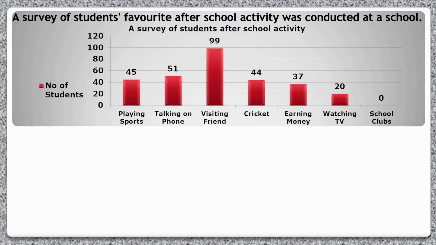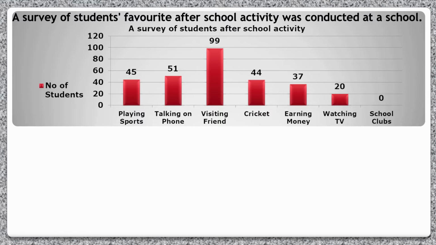Dear children, let's try to solve one more example. A survey of students' favorite after-school activity was conducted at a school. Dear children, in this bar graph, on horizontal line, we have activities like playing sports, talking on phone, visiting friend, cricket, earning money, watching TV, and school clubs.